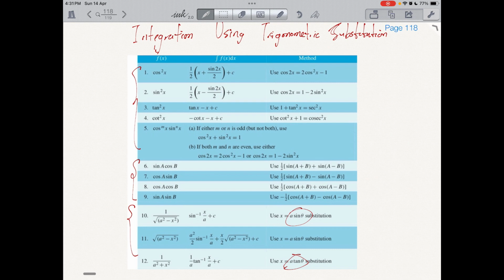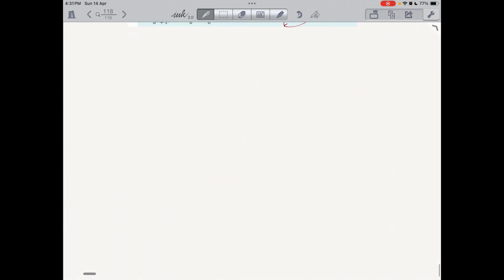So let's take an example that we are asked to integrate with respect to t, 2 cos square 4t dt. Now, if we go back to our trigonometric identities, we realize that cos 2a is equal to 2 cos square a minus 1.